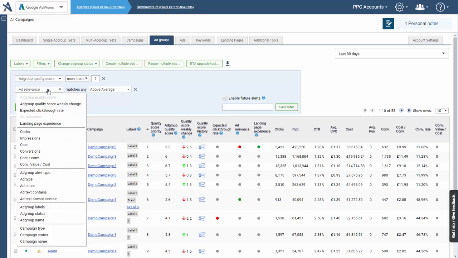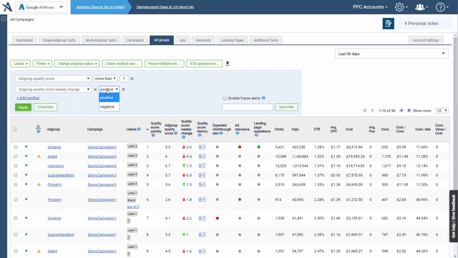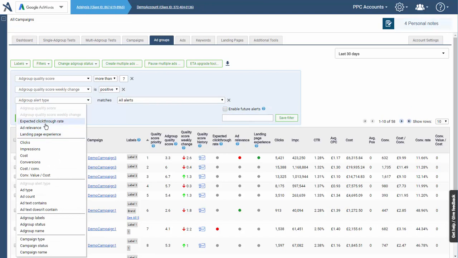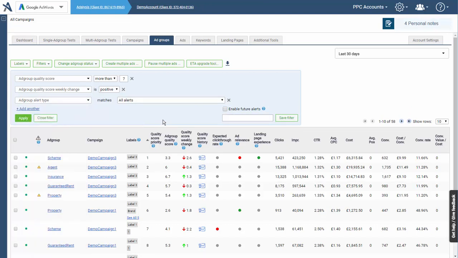So you can filter by your ad group's quality score, your quality score weekly change, is it positive or negative? We can filter by any of the sub-factors. So this is a good way to filter by what's doing poorly, take a look at what that data looks like, filter by what's doing well, take another look to give you some ideas of how to improve your quality scores.